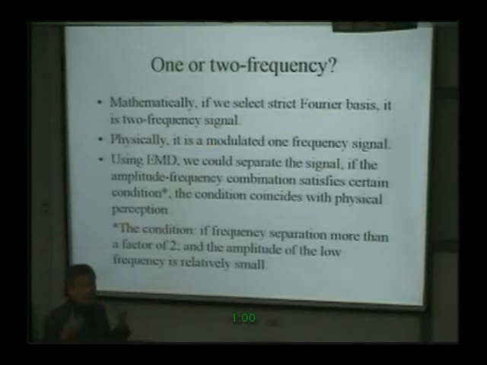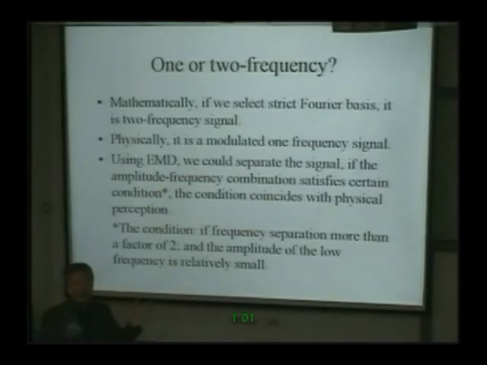And that is also mathematically equivalent to the 2 signals by virtue of the trigonometry identity. So using EMD, we can separate the signal if the amplitude frequency combination satisfies certain conditions. The condition coincides with physical perception. This is the part we need to prove.